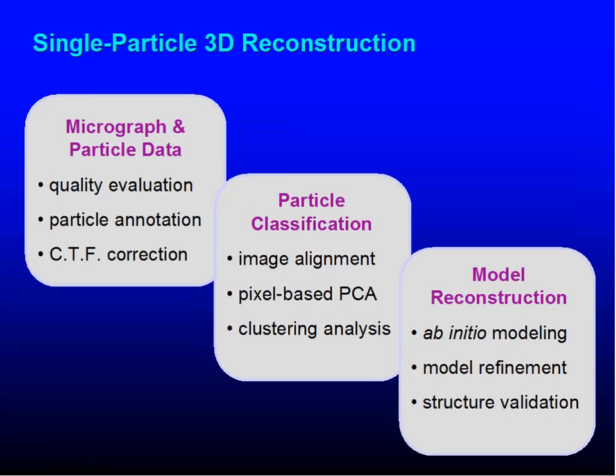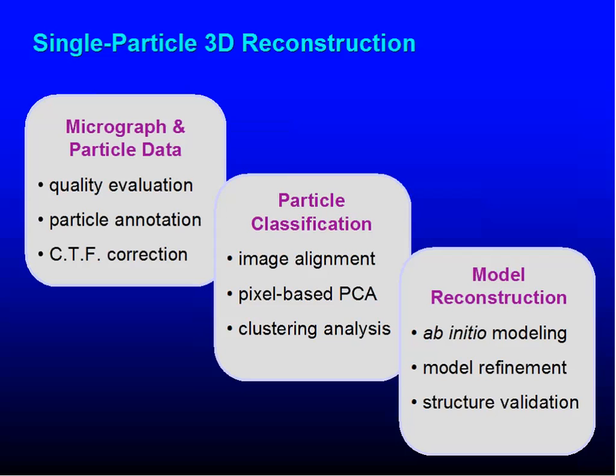Now, if we take a closer look, for example, at the first stage, particle annotation, there has been a substantial amount of research in this area. And once we have a particle stack, there could be some false positives, which hopefully can be resolved by the second stage, particle classification.